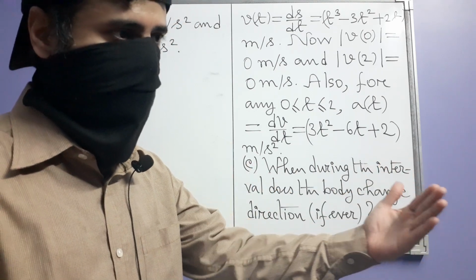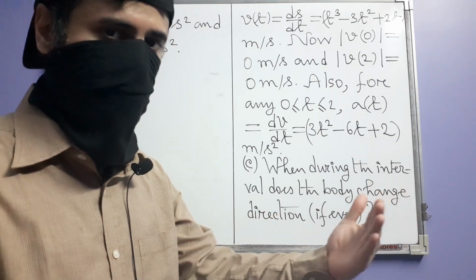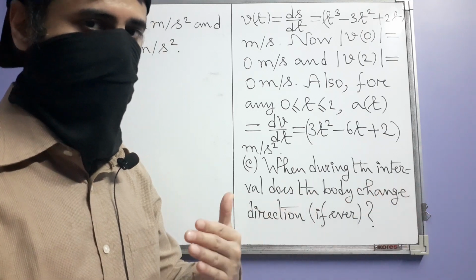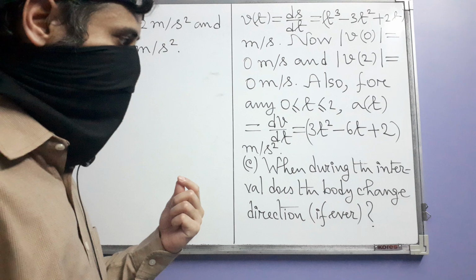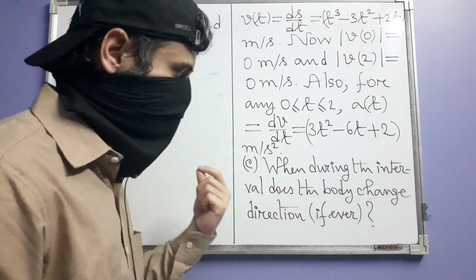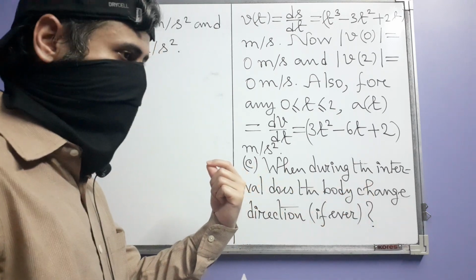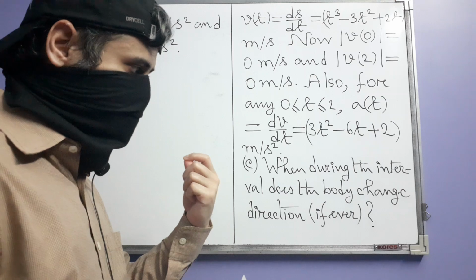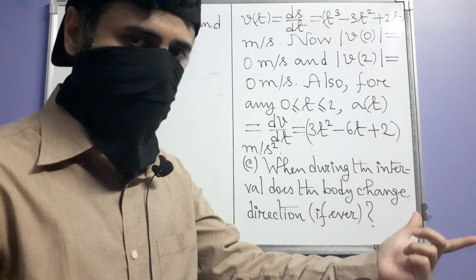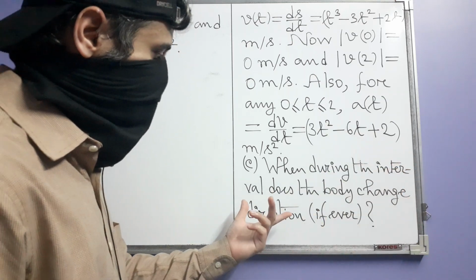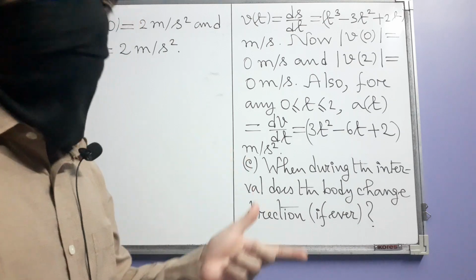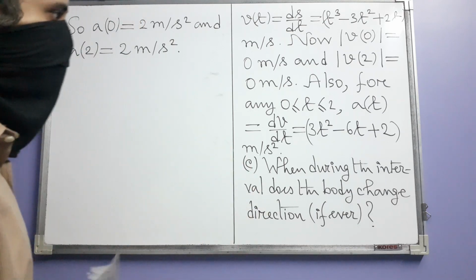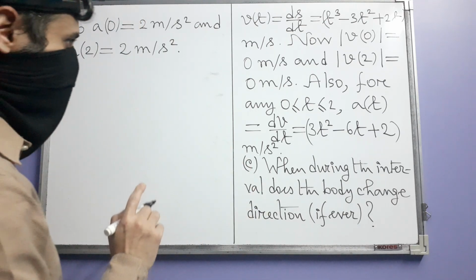But if the body is coming towards you, then the position function is decreasing, then the velocity will be negative. So if the body changes direction, it goes like this and then comes back, or it is coming towards you but suddenly it changes direction and starts going away, there the sign of velocity function changes. Now we need to see where that happens.